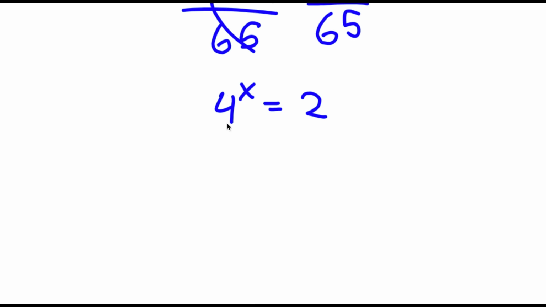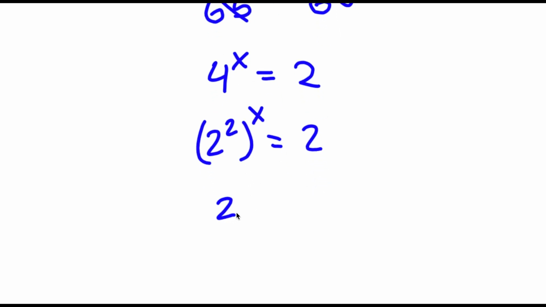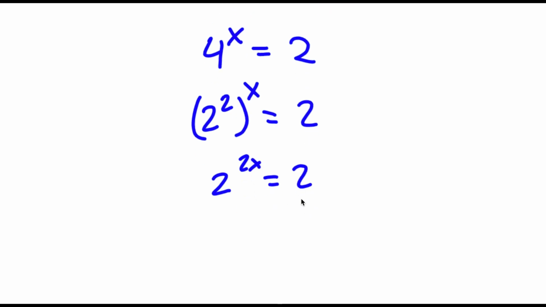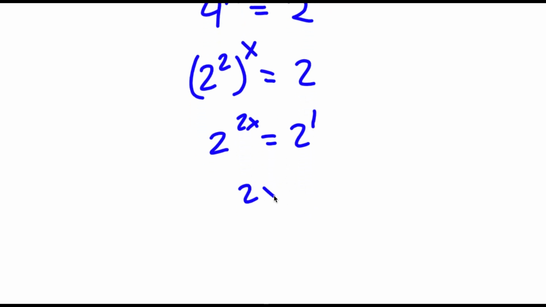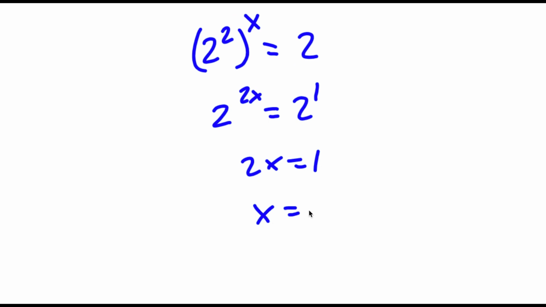Now to solve this, we can obviously tell that x is going to be less than 1, because if you plug in 1 for x, you get 4. So I'm going to first start by rewriting 4 as 2 squared. And now I have 2 to the power of 2x is equal to 2, meaning 2x equals 1 and x is equal to 1/2.